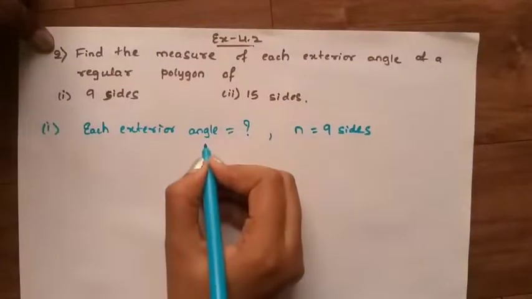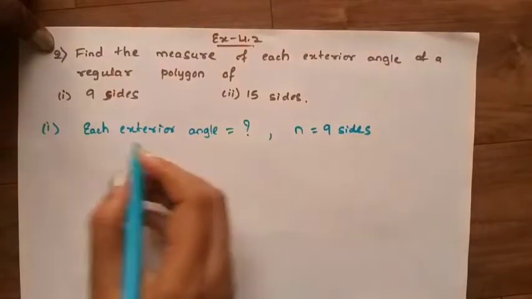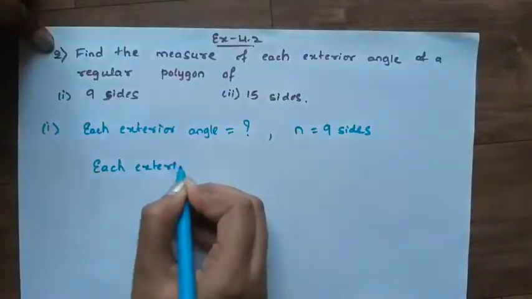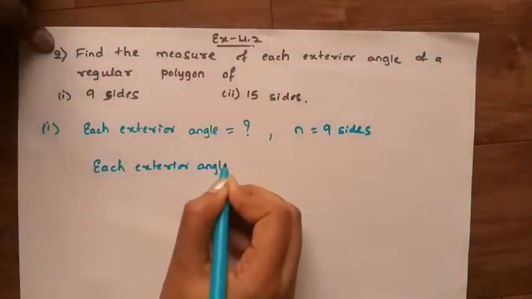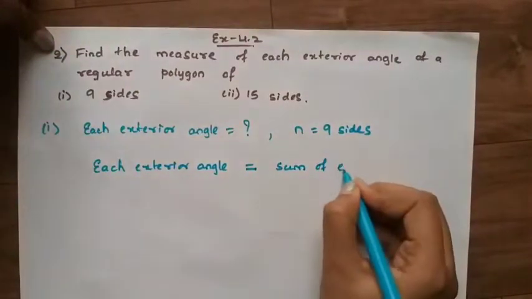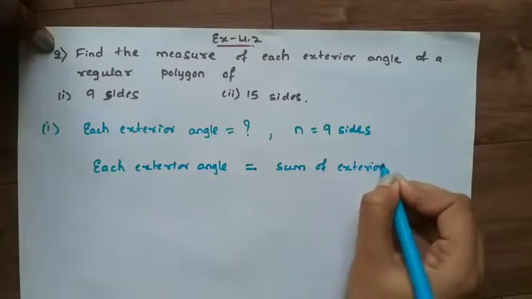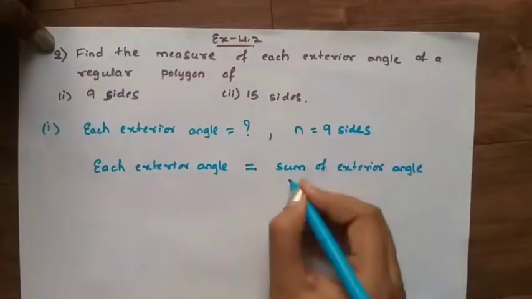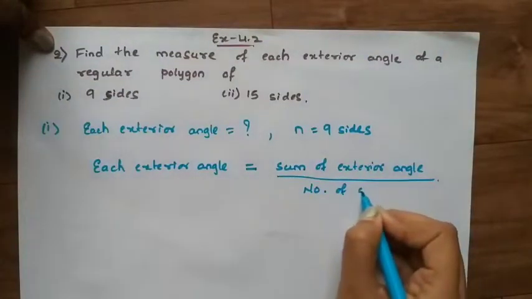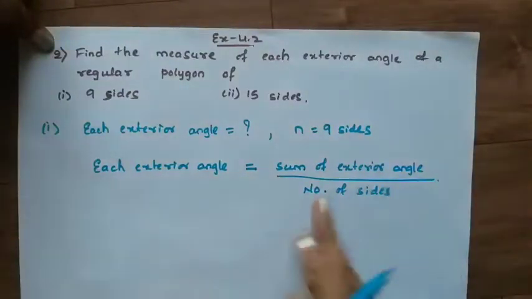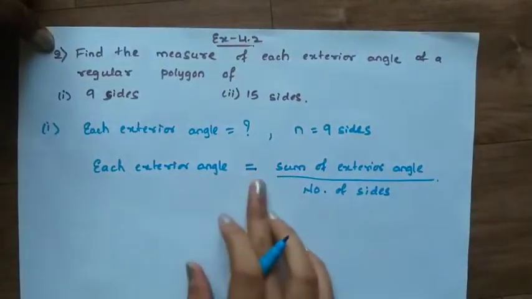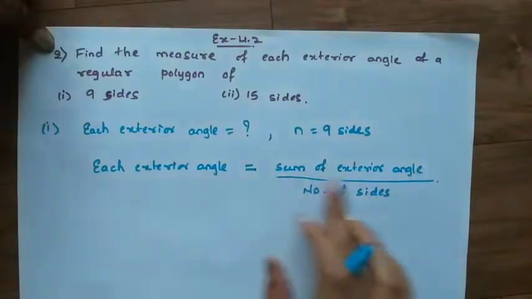Here what we have to calculate? Each exterior angle. Here we already know the formula: each exterior angle is equal to sum of exterior angles divided by number of sides.